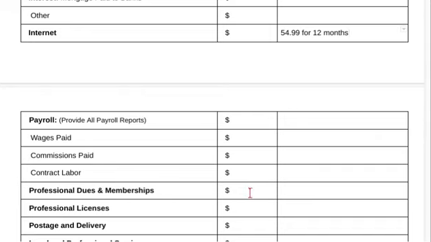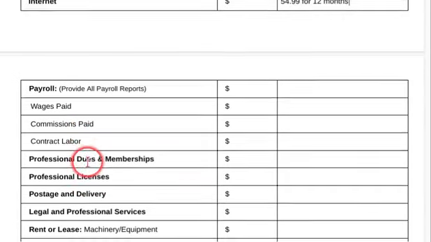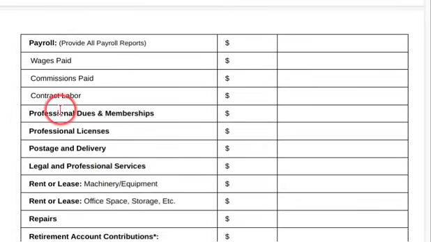You would add all of that up, put it here, and just be kind of descriptive on the line. And same thing with professional license, postage and delivery. So any kind of shipping, postage, fees that you may have paid out, you're putting it here.